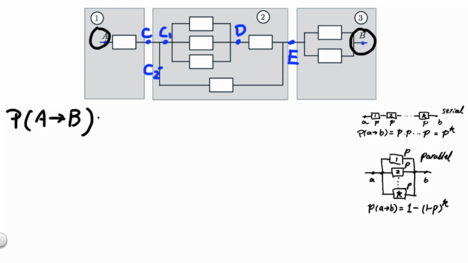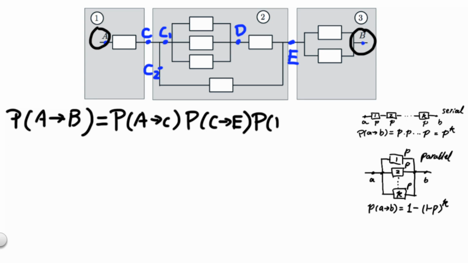Based on that argument of independent collections, we can first divide the whole network into three collections, as you see here: from A to C, C to E, and E to B. Now, because they're independent and in a serial structure, as seen by the definition of a serial structure here, we see that the probability of A to B can be written as the probability of A to C multiplied by C to E, multiplied by E to B. Now, the probability of A to C is simply p because the collection contains only one element.